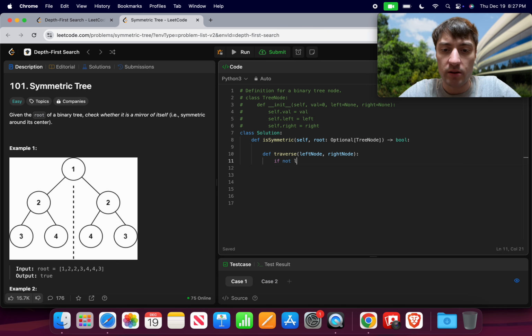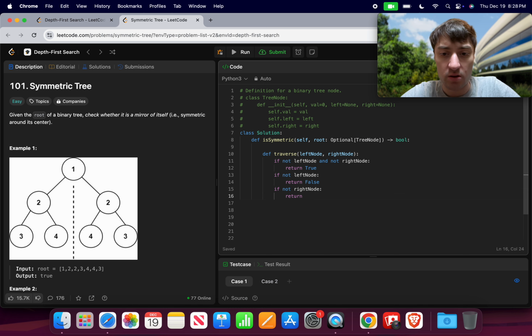If not left node and not right node, return true, because it's symmetric. Okay, if not left node, return false. If not right node, return false.